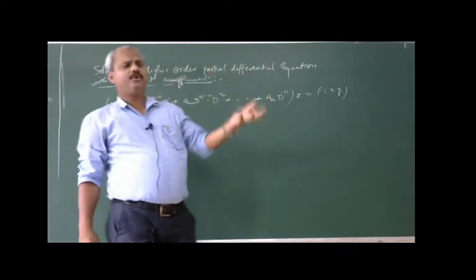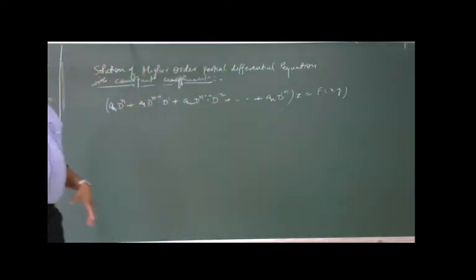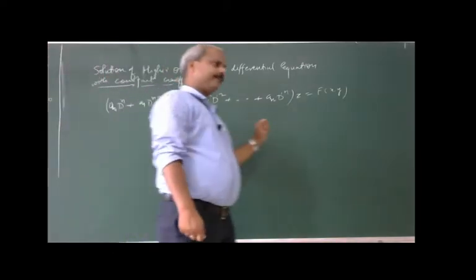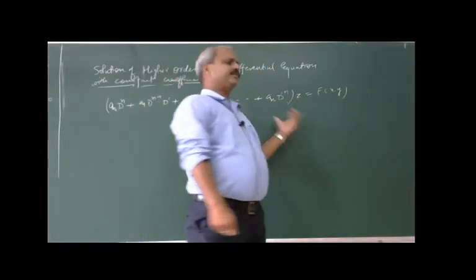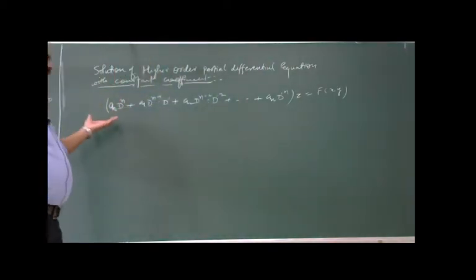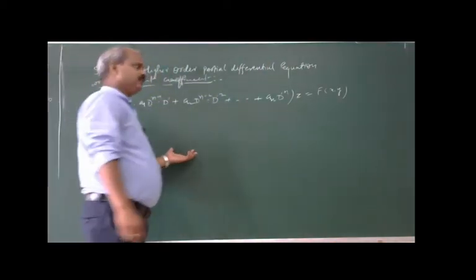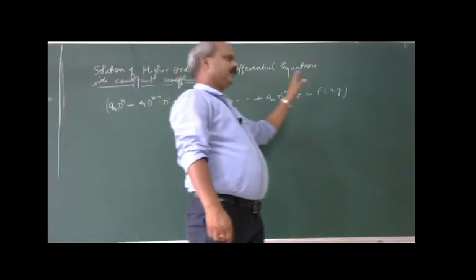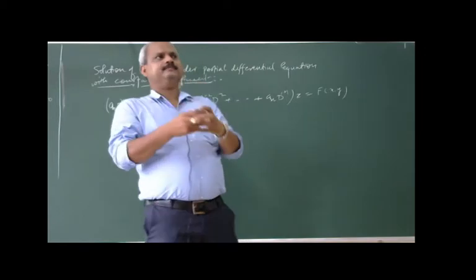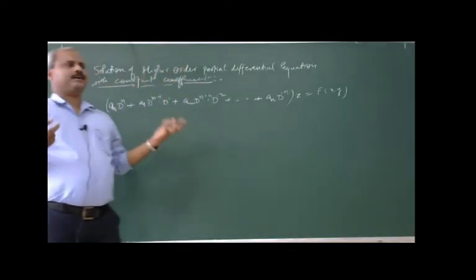And you know very well, in case of ordinary differentiation, if such type of differential equation is given, then to find their solution, you will find their complementary function as well as their particular integral and combine them to get the complete solution.